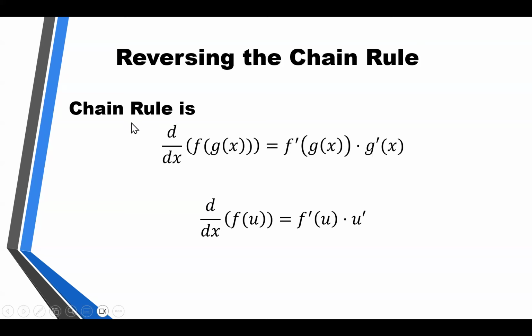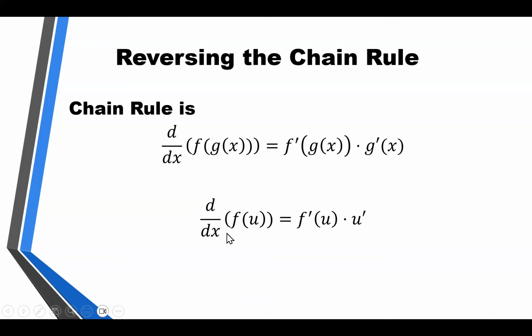Now we want to reverse the chain rule. And so we're going to come up with a process of reversing the chain rule. The first thing we're going to do is replace this g of x with the letter u. So if I replace g of x with the letter u, then u is some function of x.